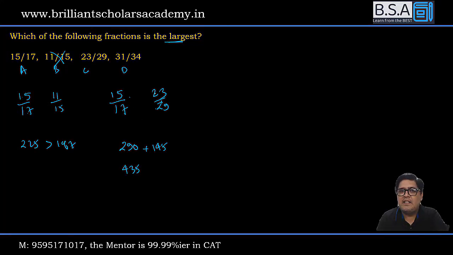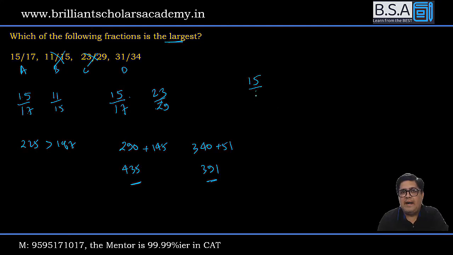Cross multiply these. What is 20 into 17? 340. What is 3 into 17? 51. 391. Which is larger? Left side or right side? Left side is larger. I'm looking for largest one. This is cancelled. Gone. So it seems like answer is either A or D.